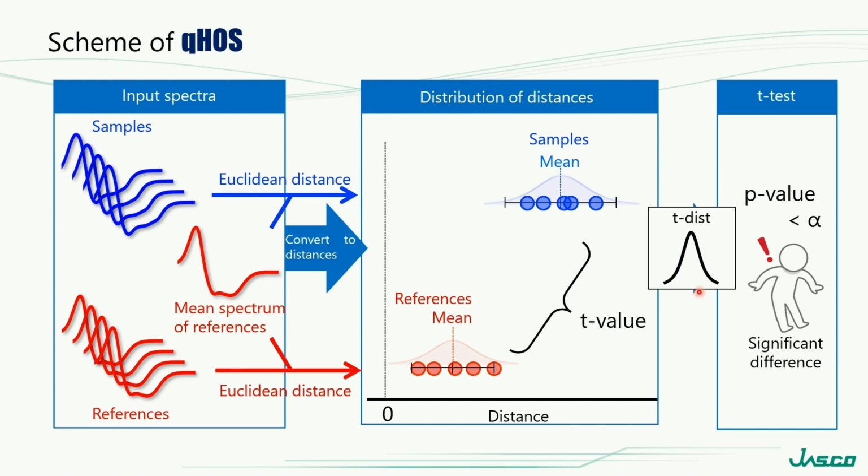You can think of the p-value as the probability that the two samples are the same in the case of Welch's t-test. So a low p-value means a difference. Finally, the significance is determined if the p-value is lower than the significance level alpha. Generally, alpha is set to 5%.